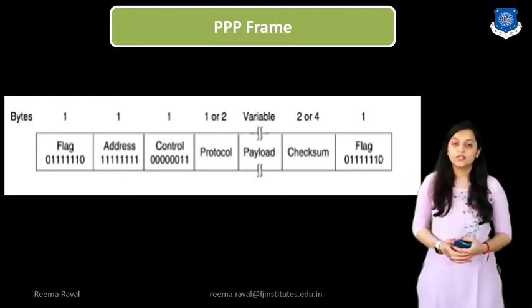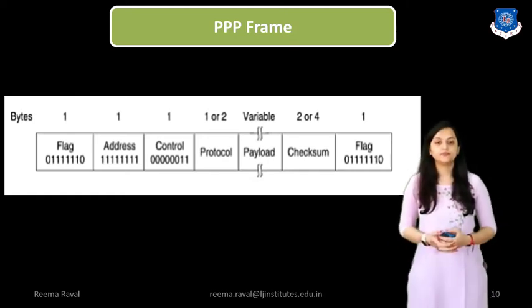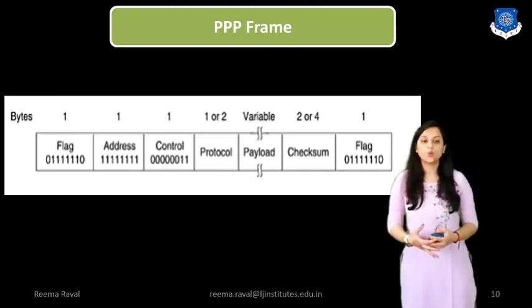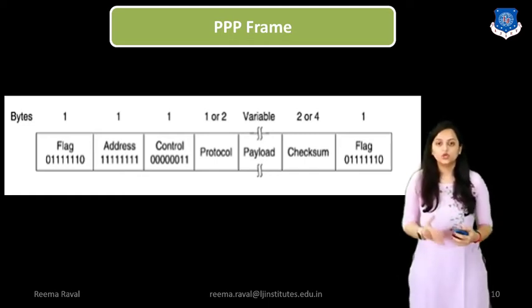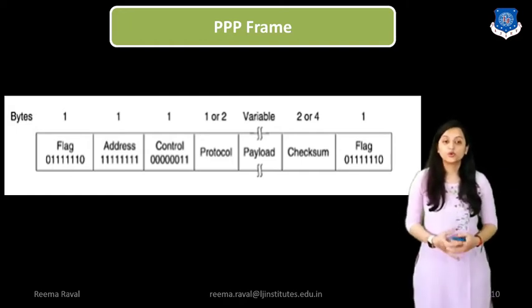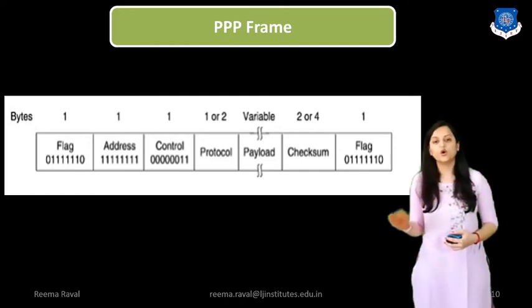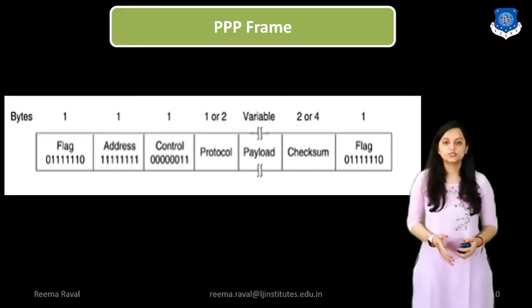The second field is the address field, which is 8 times 1, which is of 1 byte. The third field is the control field, which is 6 times 0, 2 times 1, which is again of 1 byte. Next is the protocol field, which is of 1 or 2 bytes, depending on the protocols used.